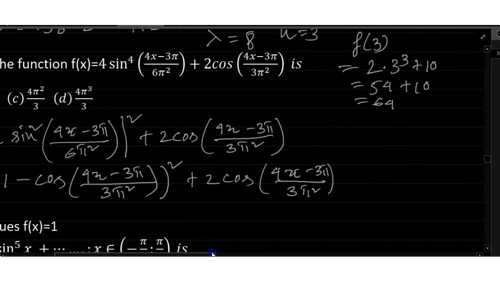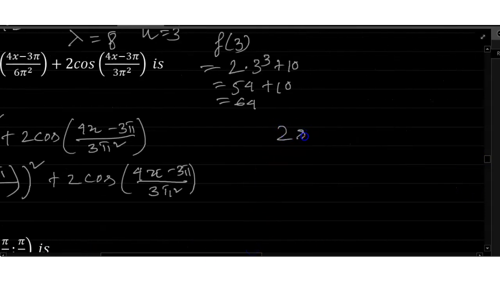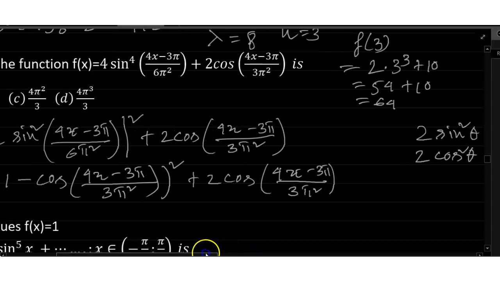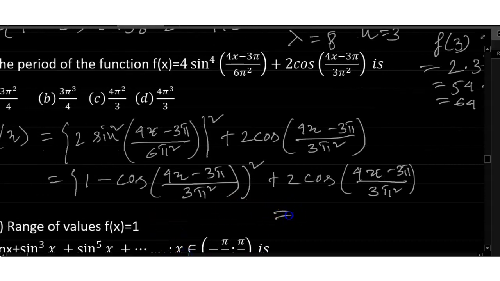How, friends, do we get this? Because 2 sine square theta is equal to 1 minus cos 2 theta and 2 cos square theta equals to 1 plus cos 2 theta. This is my formula.